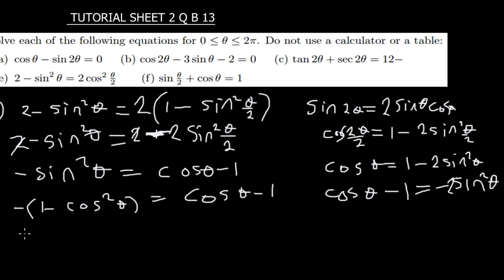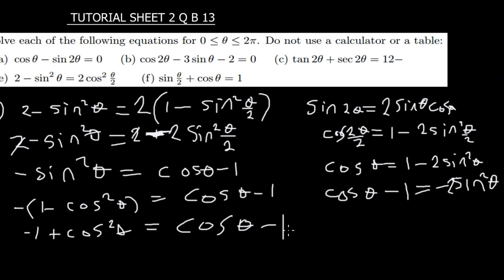So negative times 1 there to be negative 1, negative times negative plus cos squared theta, which is equal to cos theta minus 1.